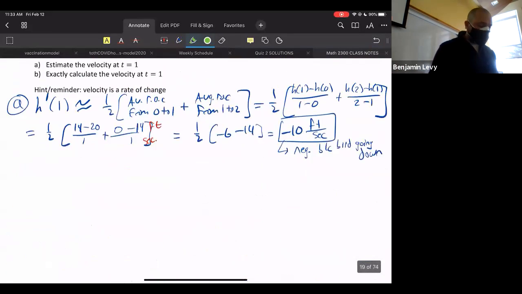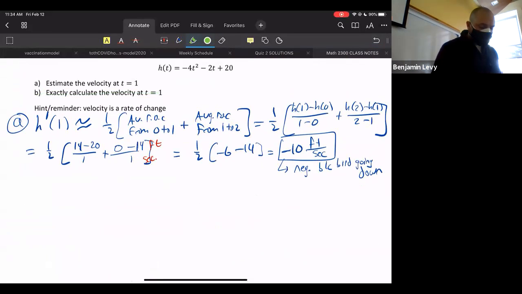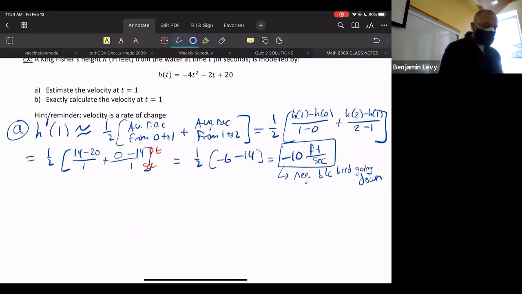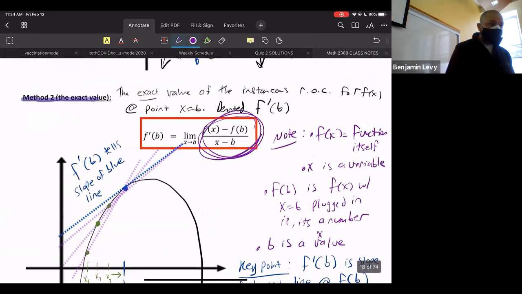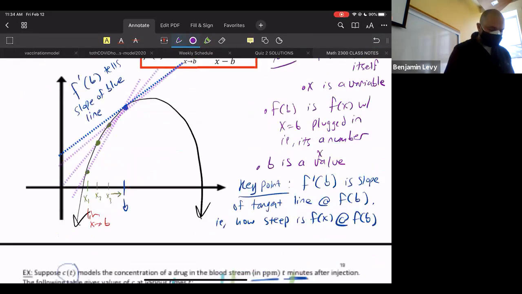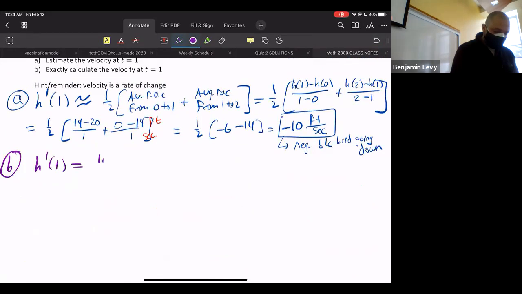So let's do the exact same thing here, except we'll calculate the value exactly using the limit definition. We need a little bit more space for that because it's usually a little bit more involved. So part B would be doing the limit definition. I'm just going to copy this down below. We care about the point 1, so h prime of 1 is the limit as t approaches 1, because the point we care about is 1.